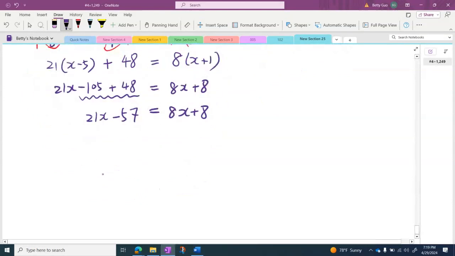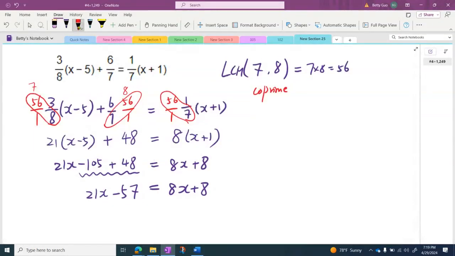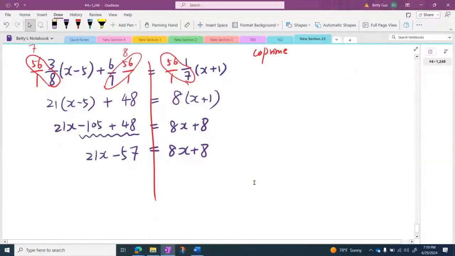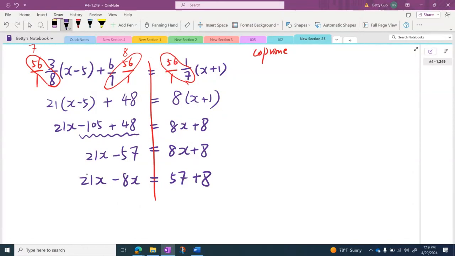And now I'm going to rearrange the location or the slot of those 4 terms. I'm going to keep 21x on the left, move 8x over, so minus 8x. Move 57 over, negative becomes positive. Let me repeat. 8x is moved to the left, so positive becomes negative.